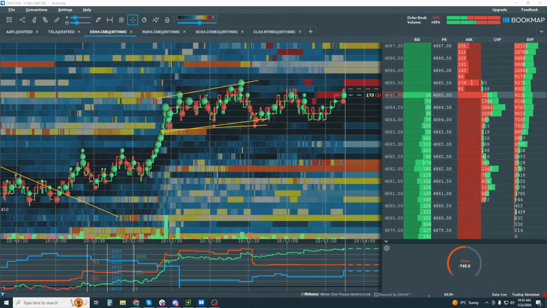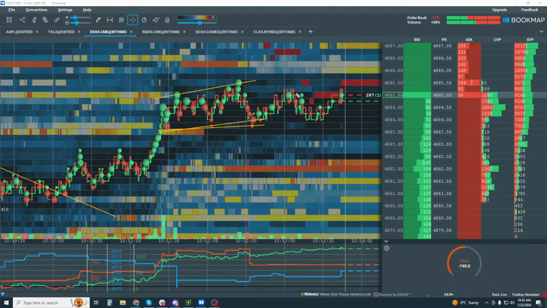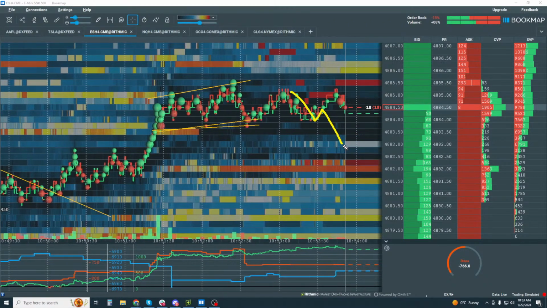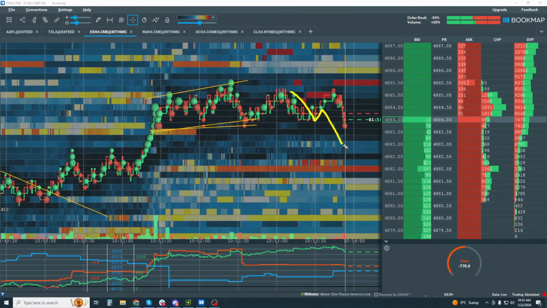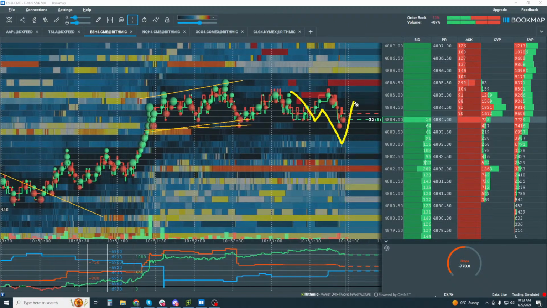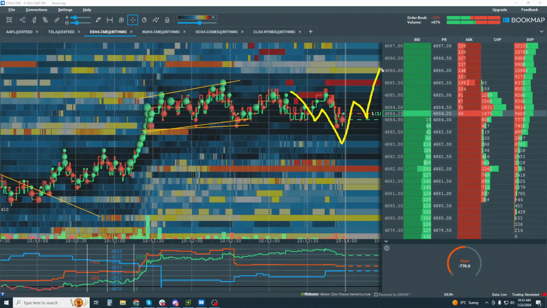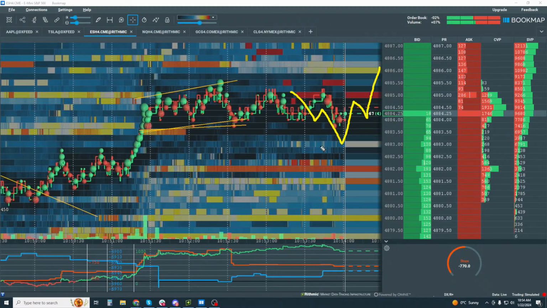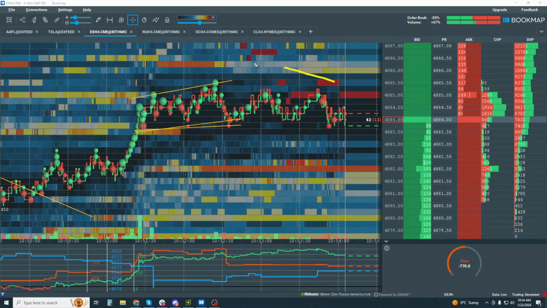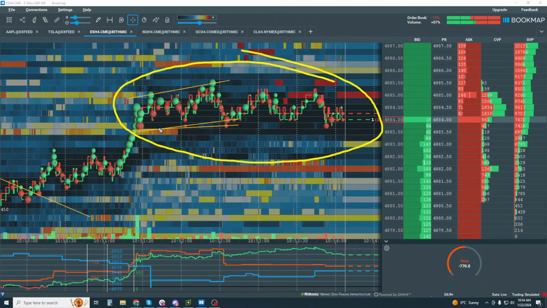The look would be, in here, we'd get back down into 83, and then it rejects here, comes back up into the range, and then we get the move back up. All right, so it's just because we don't see something really great in here right now.